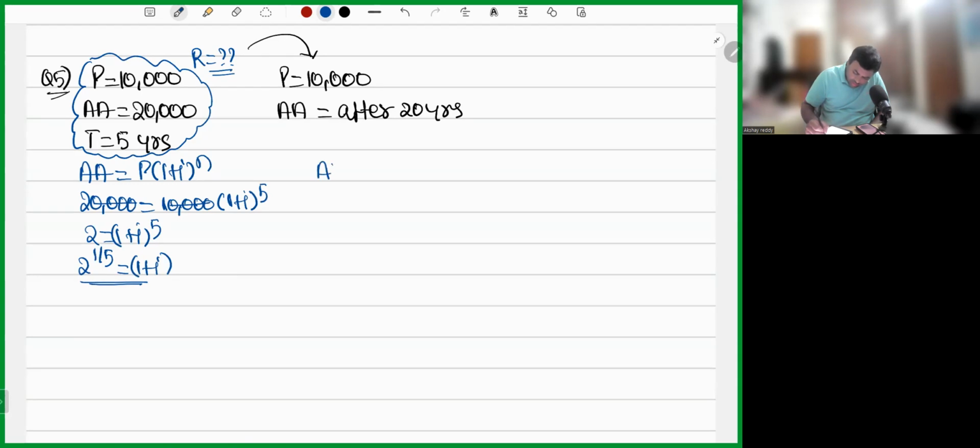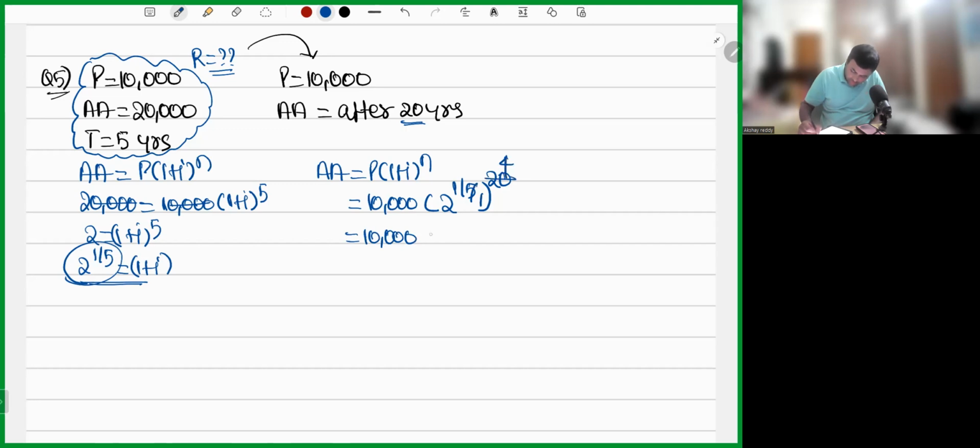So accumulated amount will be equal to P into 1 plus i whole power n. P is 10,000. 1 plus i already calculated. What is 1 plus i? 2 power 1 by 5. Whole power n is 20. So 10,000 into 2 power 4, because 5 fours are 20.